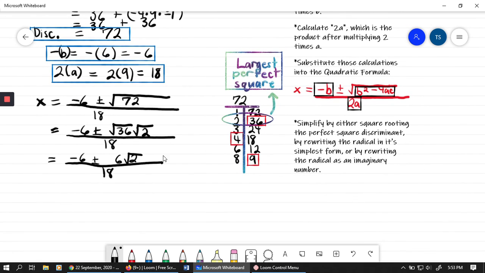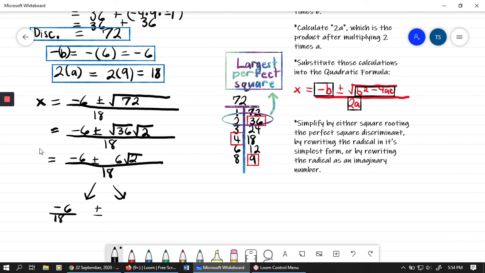And actually, this particular answer right here can be simplified even further. Yes, it can be simplified even further. When we're looking at these fractions, the -6 over 18, or even the 6 over 18. Remember, in one of the previous examples, I mentioned that you could split this up into 2 separate fractions, just so that you could see that you need to simplify both fractions, because you could leave it written as one fraction, and I'm probably going to come back and write it as one fraction.